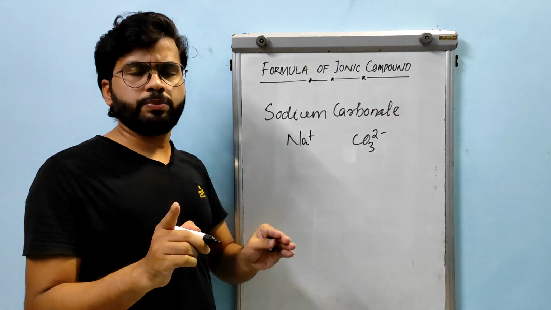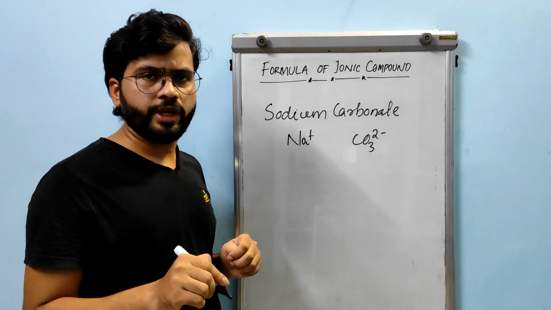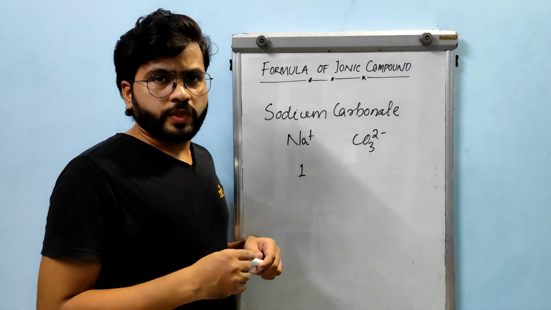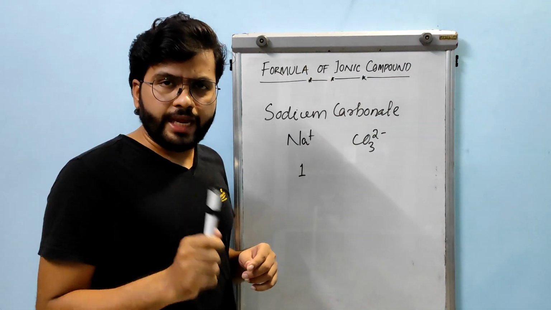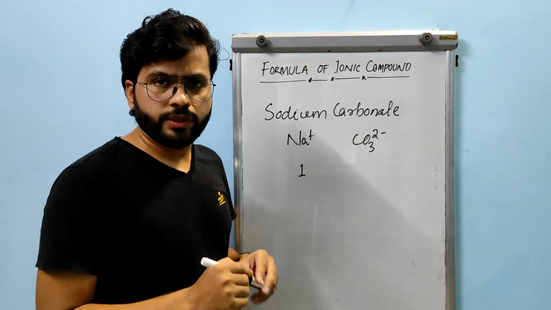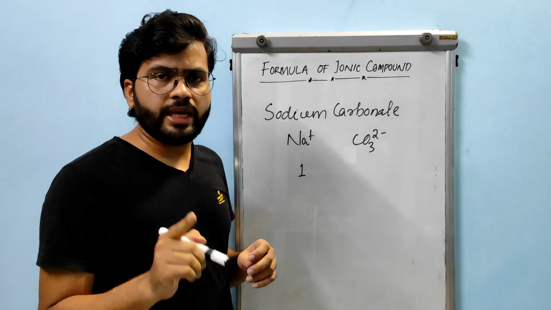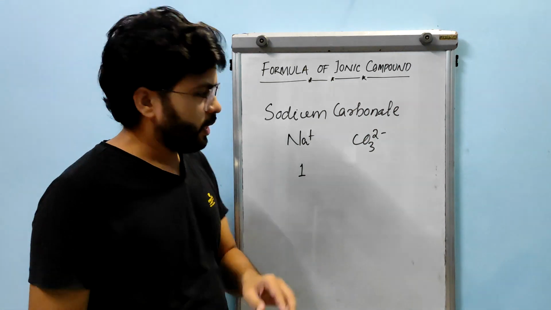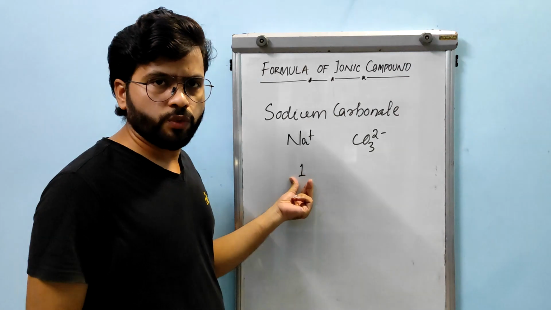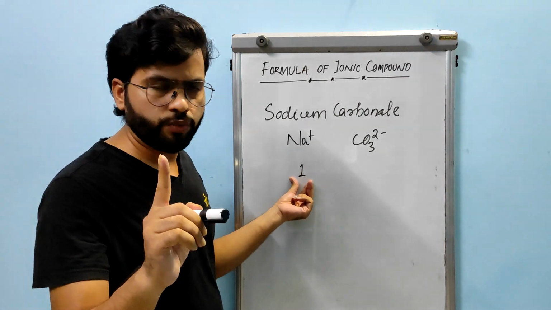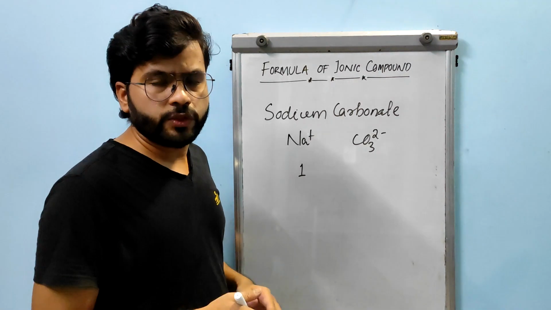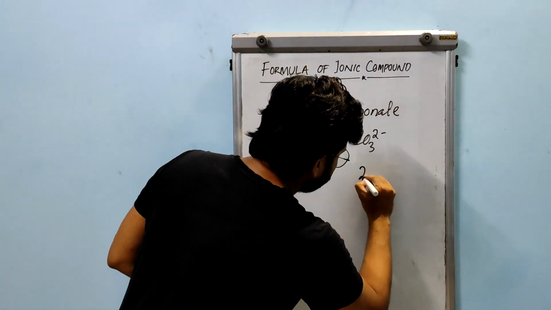So the first step to write the formula of an ionic compound is to write the formula of the cation and anion. Once you write the symbol and formula of the respective ions, the next step is to determine the magnitude of the charge. As you can see, on sodium it is 1 plus, so the magnitude is 1. Similarly, in case of carbonate, it is 2 minus, so the magnitude will be 2.